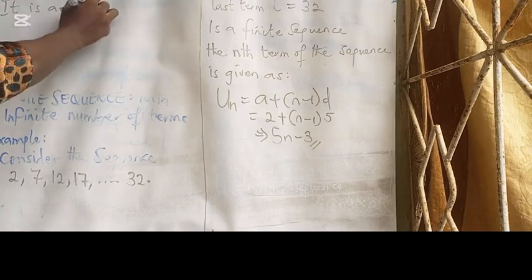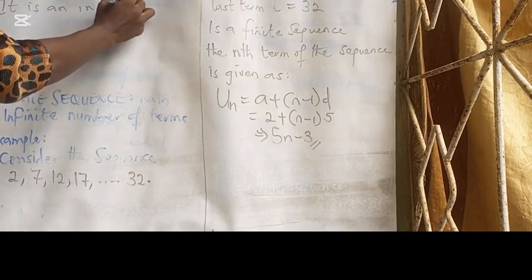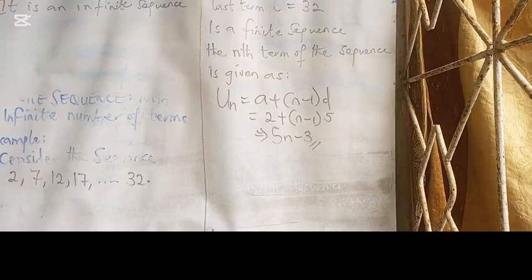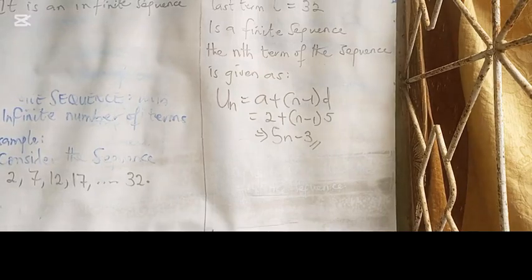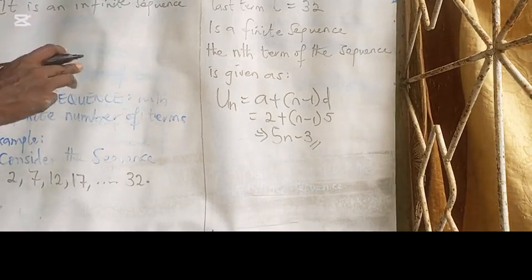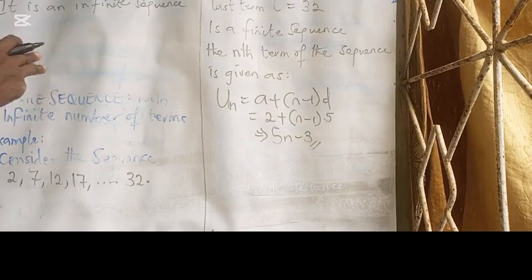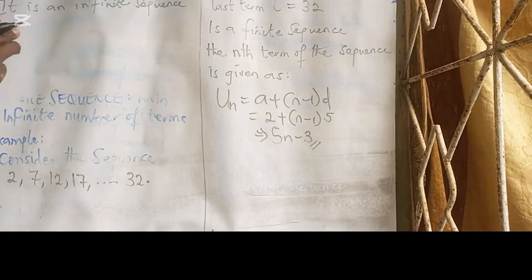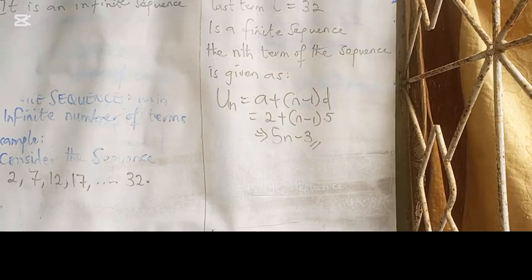It is an infinite sequence because it has no end term. Therefore, our concern majorly for this real analysis is centered on what? Sequences of real numbers, which are majorly going to be infinite.